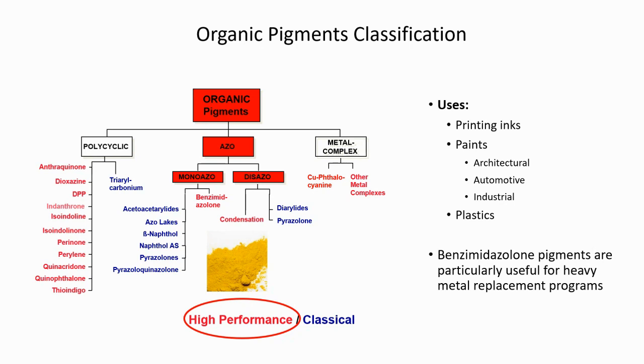Exterior architectural, automotive, and industrial are very well suited for these types of chemistries. Benzimidazolone pigments are very useful, as we talked about in yesterday's webinar, for heavy metal pigment replacements.